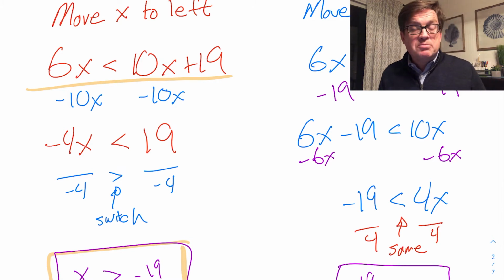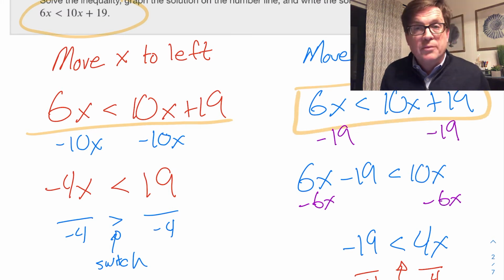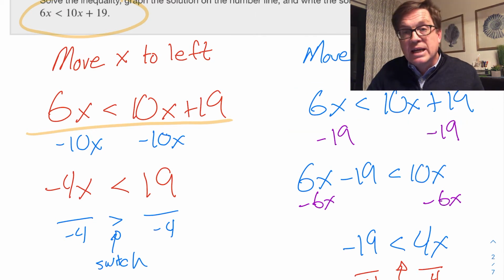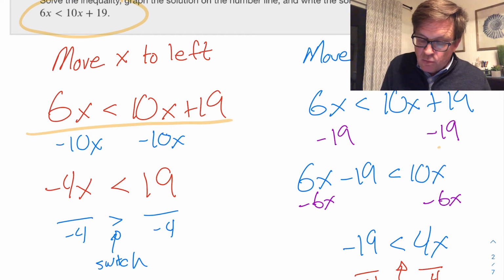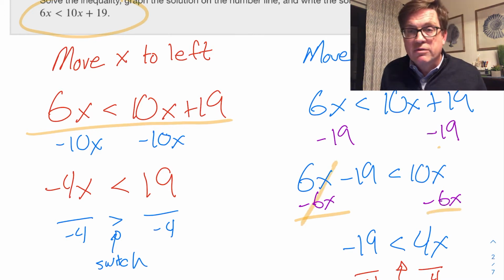If instead you had, back at the beginning, decided to move all the x's to the right, you could do that too. So start back at the same inequality, but in this case, we're going to move the 19 to the left side, so we subtract 19 from both sides, and then we subtract 6x from both sides to get rid of those x's on that side.